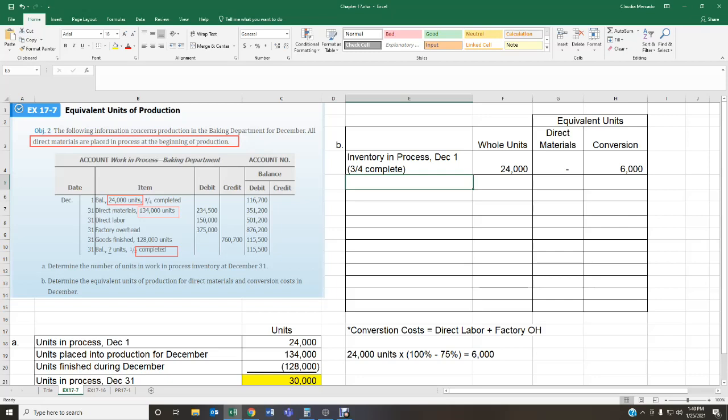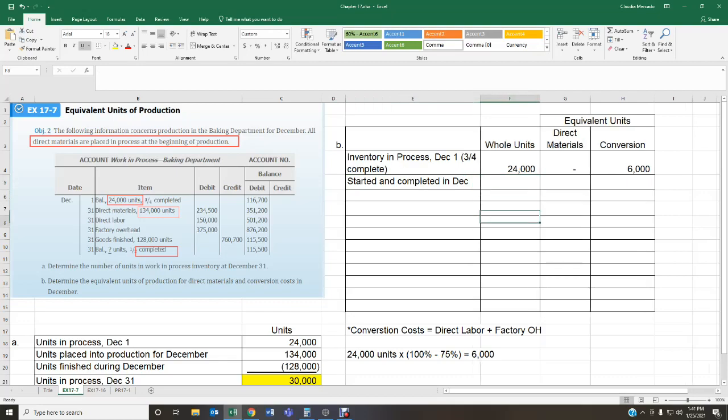Okay, the next thing we have is the units that we started and completed in December. So, this gets a little bit tricky.